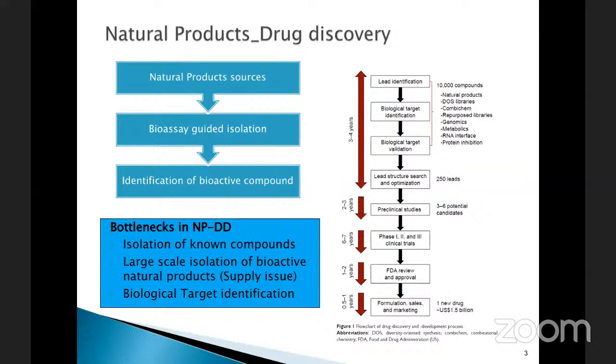That takes a lot of time. Basically, you have to screen a lot of targets. Nowadays the in silico screening tools are getting better and better, but it is still a time-consuming process compared to the synthetic library, where you design the molecule according to the target.